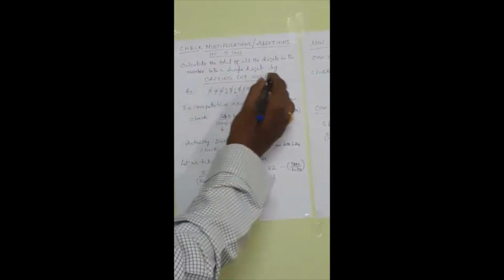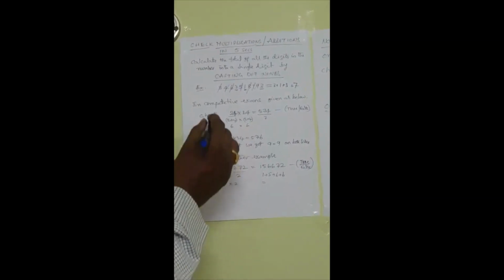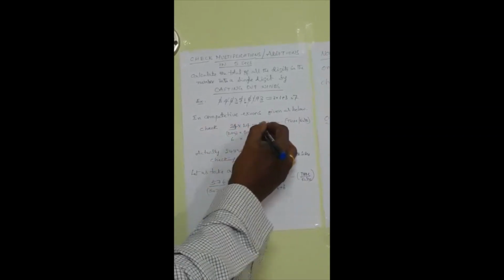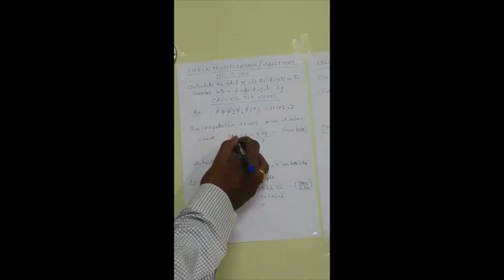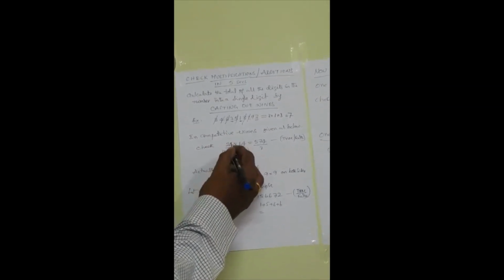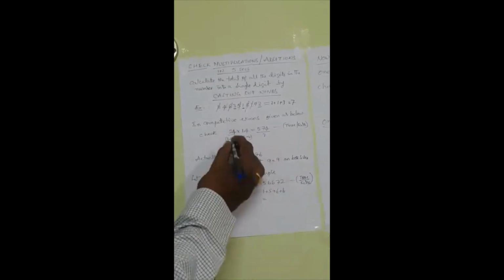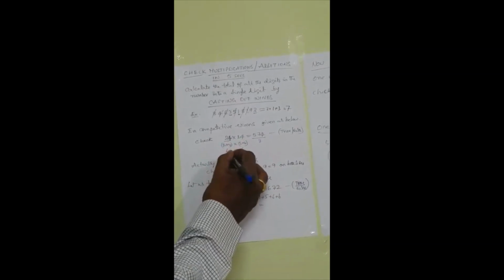The use of casting out nines is finding the single digit number from a big number. So in competitive exams, we will check multiplications. First we will take an example: 24 into 24 is equal to 574. In this 24, there are 2 digits, and by casting out nines, there are no nines here, so we need not cancel anything. 2 plus 4 is equal to 6.